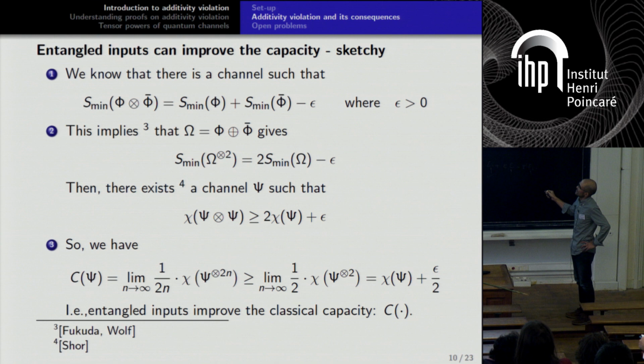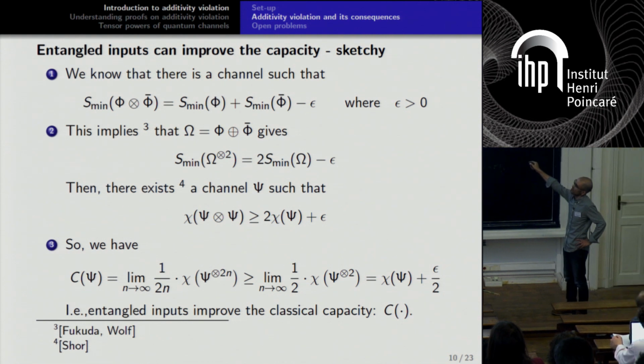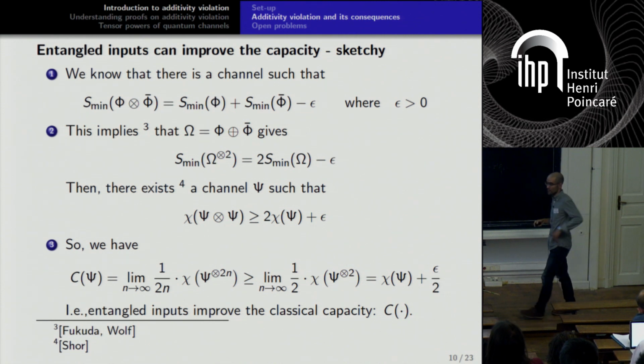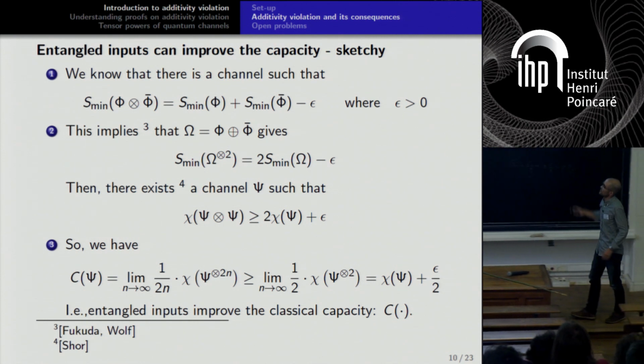So then, in fact, because this part can be written this way, we have this gap. Here we have the capacity of psi, and here we have chi, the Holevo capacity of psi, and we have this epsilon over 2 gap here. So once additivity violation is shown, somehow we can make this original channel more symmetric to get some channel for which the capacity cannot be written by the Holevo capacity.